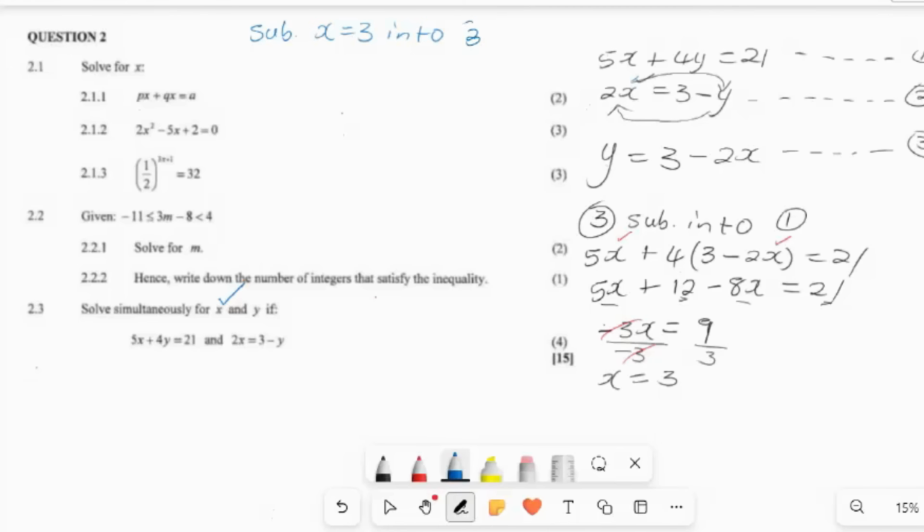Let us rather use equation 3. It's the same thing. Whether you substitute here or here, you're still going to get the same answer. So I selected equation 3 because we already have y as the subject of the formula, and we're going to find y.